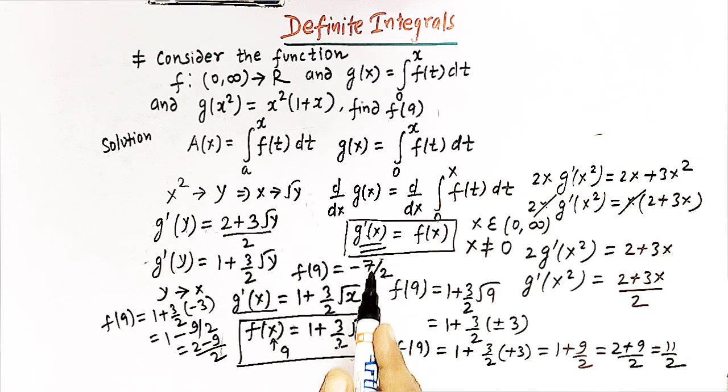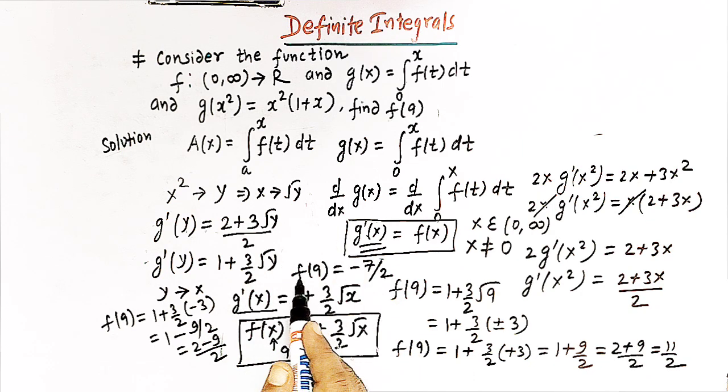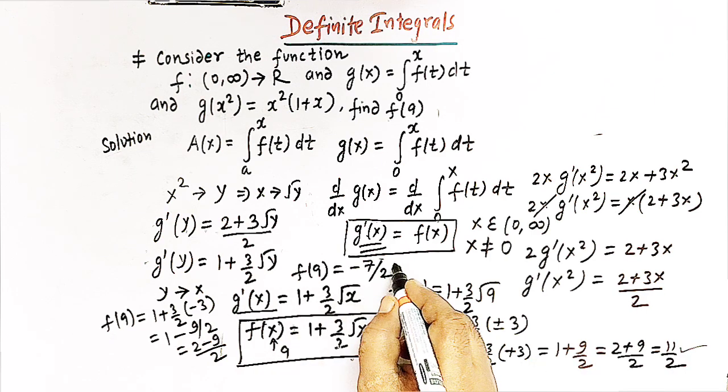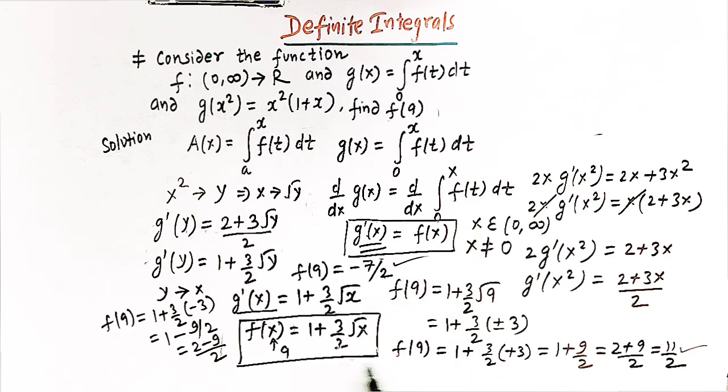Here we have obtained two values of f of 9. The first one is 11 over 2, and the second one is minus 7 over 2. So 11 over 2 corresponds to the positive square root, that is plus 3, and minus 7 over 2 corresponds to the negative square root, that is minus 3.